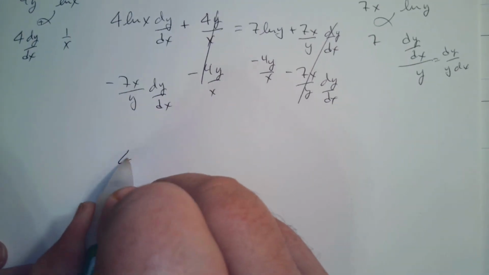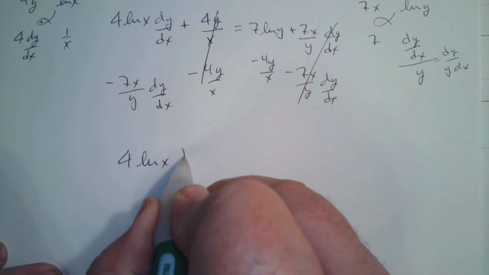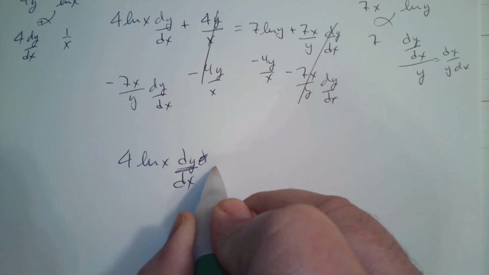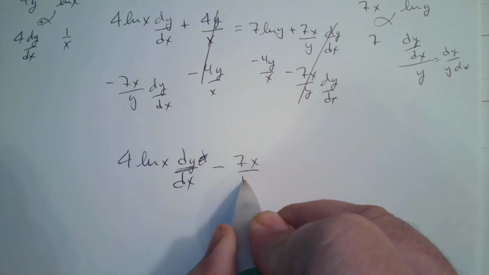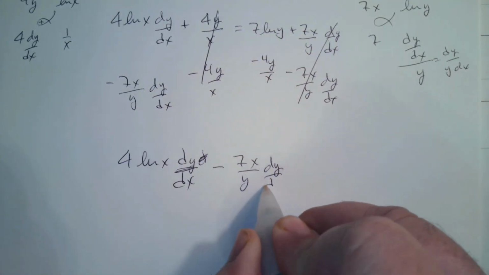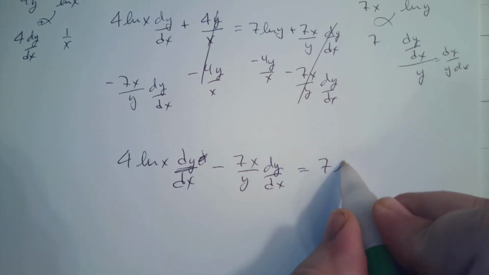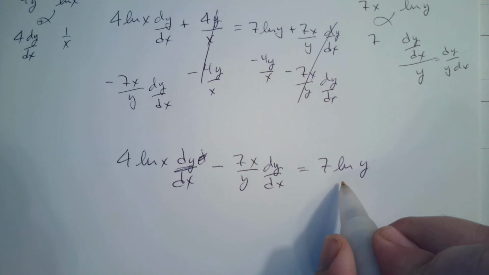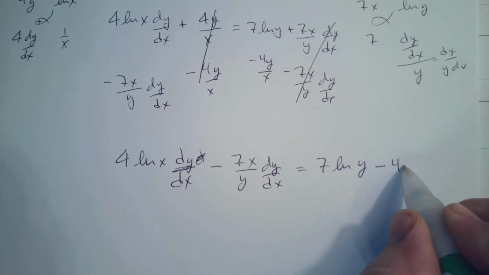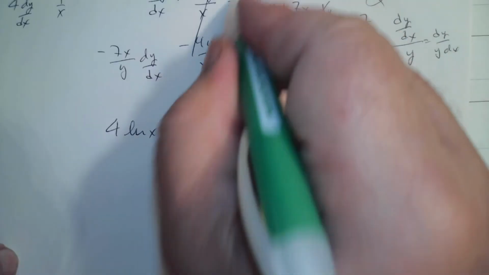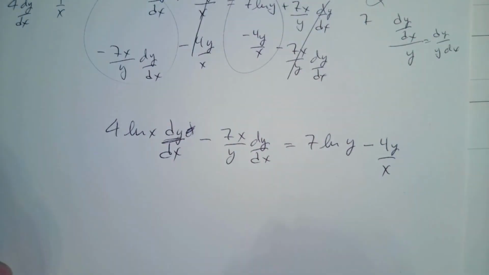So we have 4 ln x dy/dx minus 7x over y dy/dx equals 7 ln y minus 4y over x. We combine those two and those two.